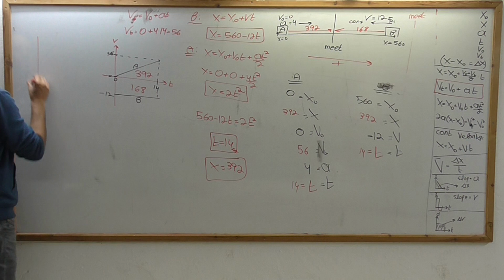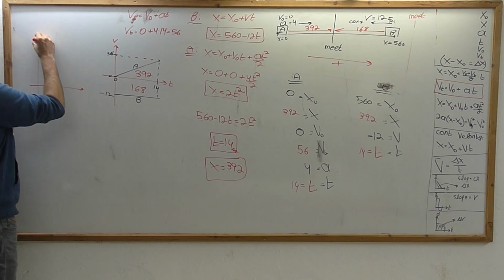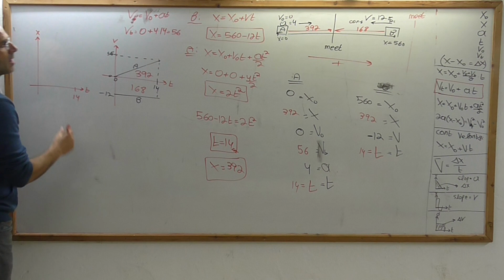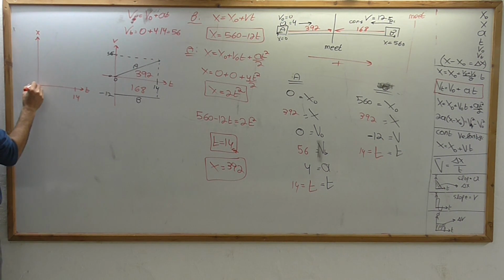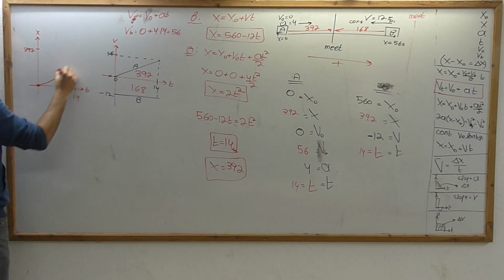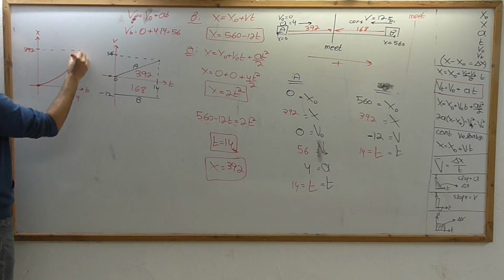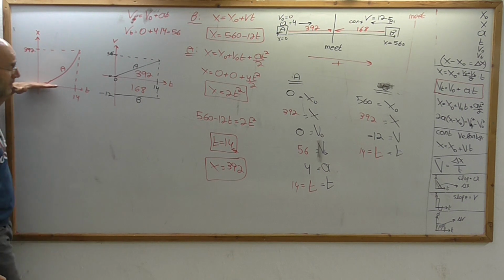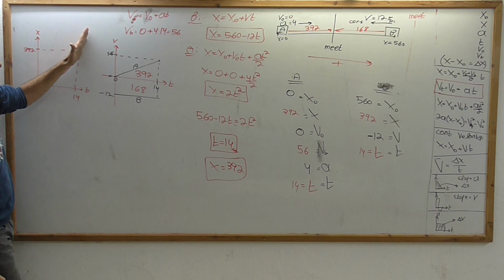If I want the x over t graph, A started with 0 and finished at 392, so it will be this graph. Again, why? Because it started flat. Slopes are the velocity. Velocity 0, 1, 2, 3, 4, 5, and up to 56.